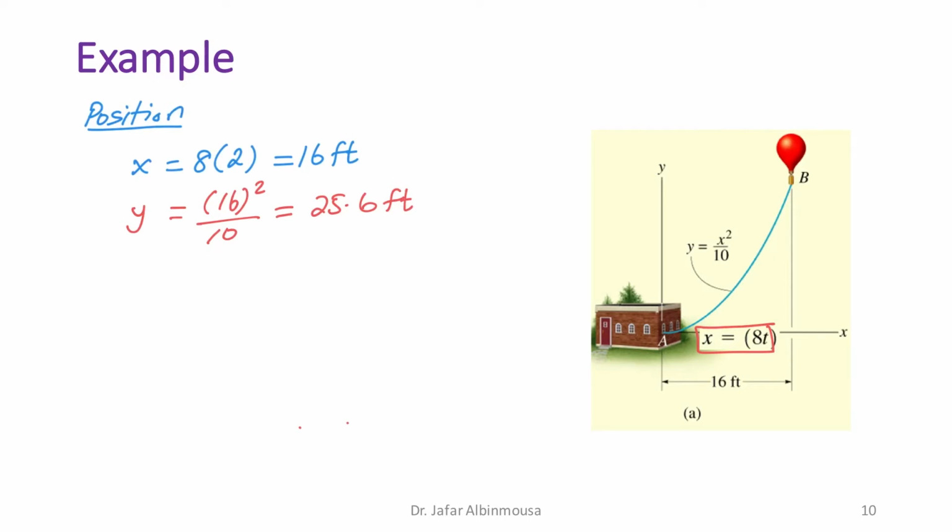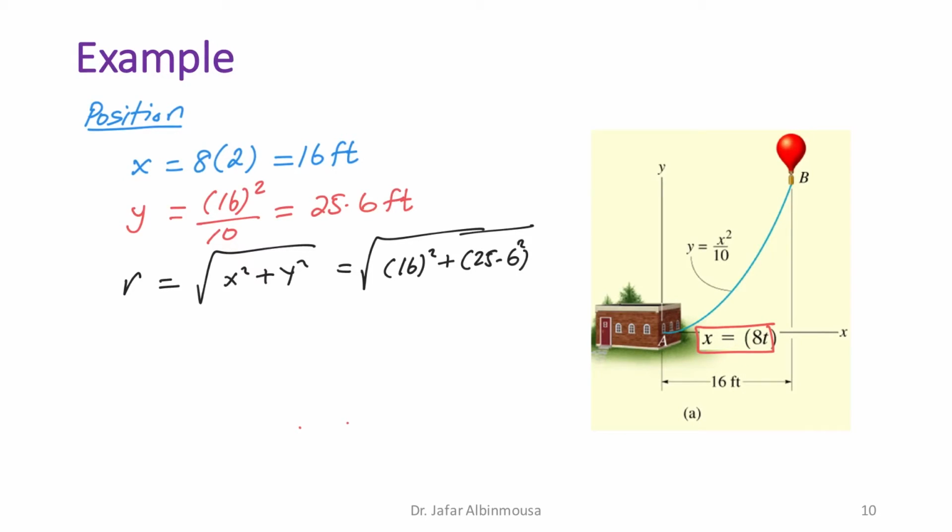So these are the x and y components. If we want to find the magnitude, then it is equal to the square root of x squared plus y squared, which is equal to the square root of 16 squared plus 25.6 squared, and this is going to give you 30.2 feet.